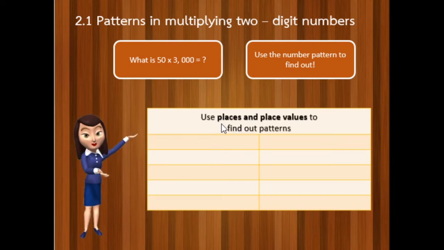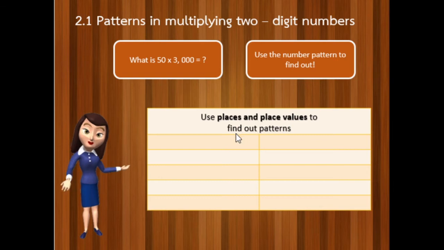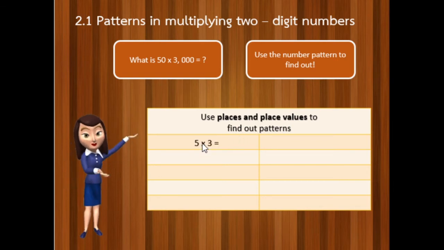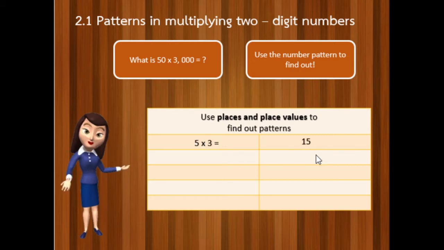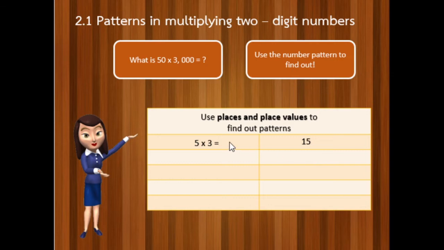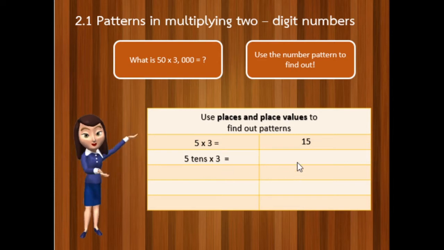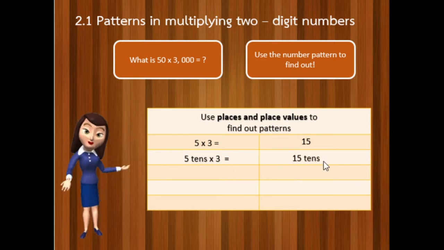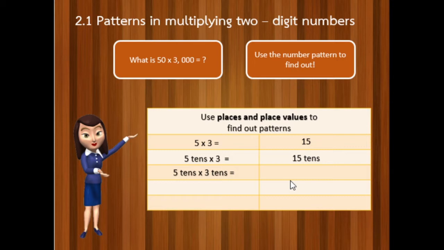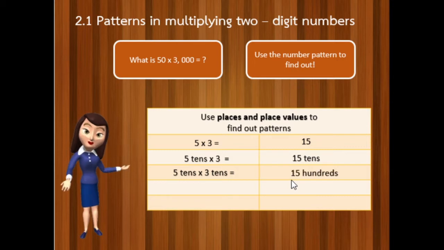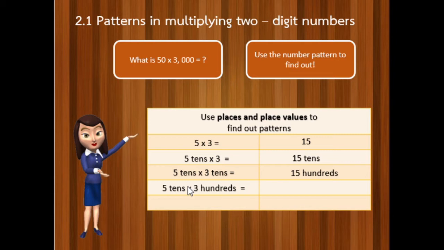Let's use places and place values to find out patterns of multiplication. 5 times 3 equals 15. 5 tens times 3 equals 15 tens. 5 tens times 3 tenths equals 15 hundredths. 5 tenths times 3 hundredths equals 15 thousandths.